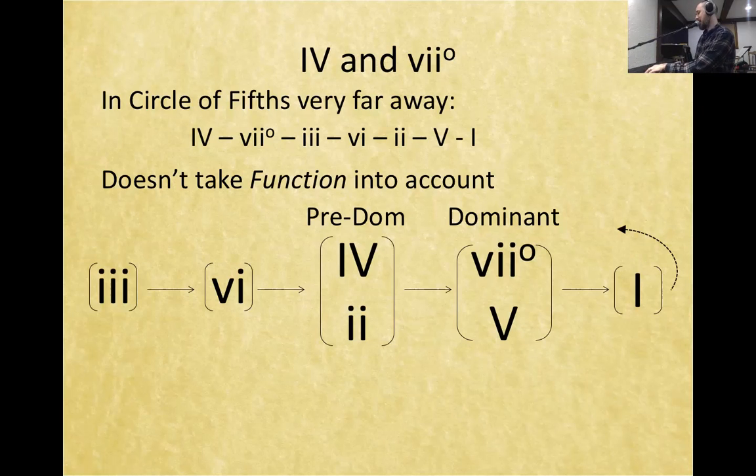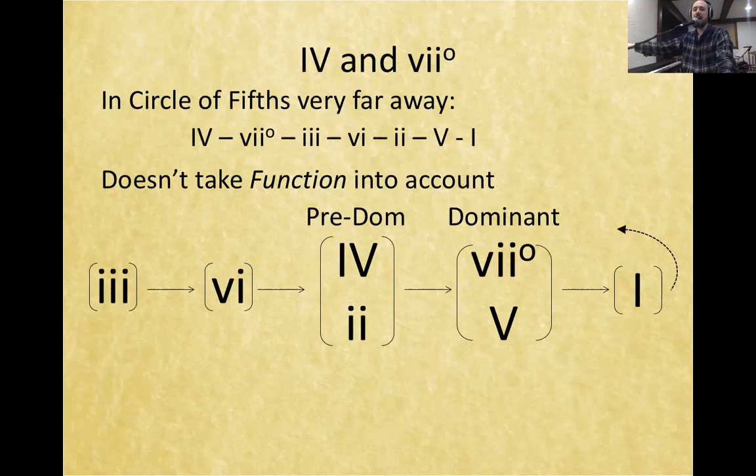Or we could go way back. 1 could move all the way to 3, which then could go to 6, which now we know could go to 4, could go to 5, 1, and get a much more fleshed out progression. But the key is that it's always moving towards the goal one way or another.